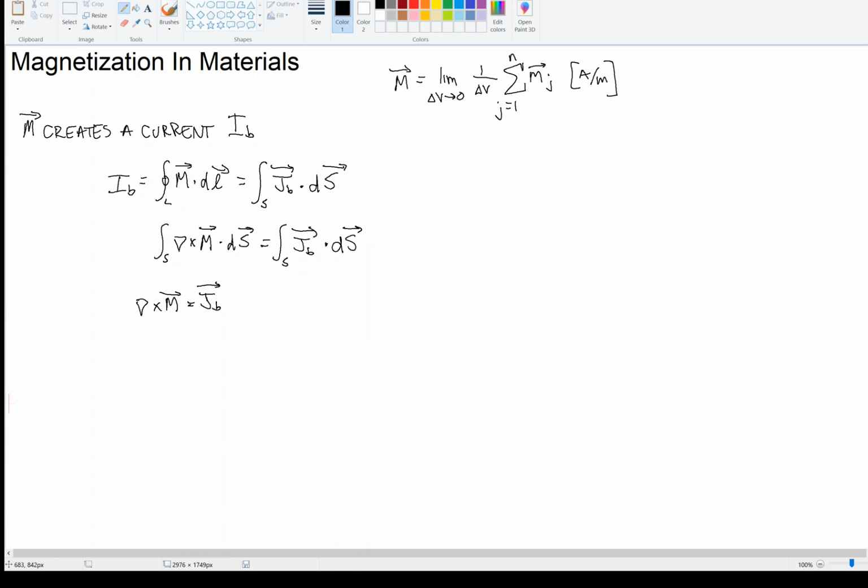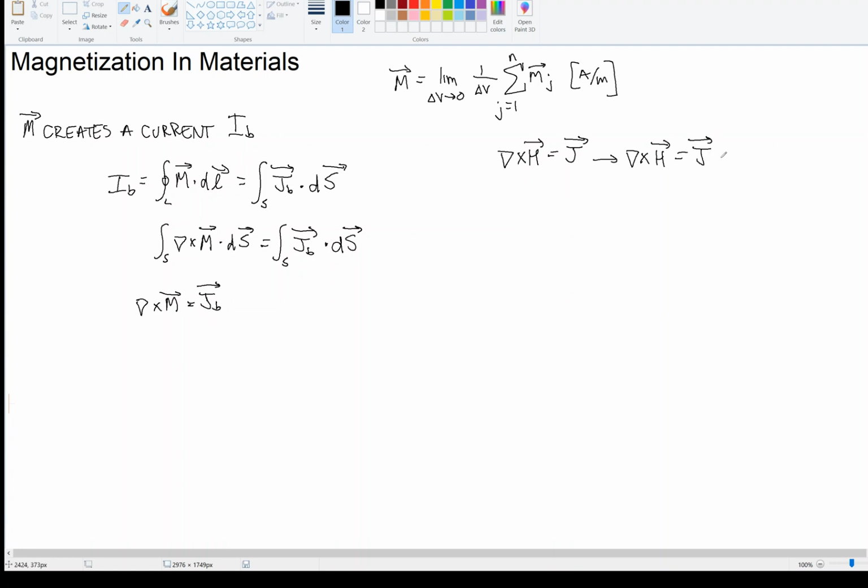Now, as this is a current, we can add this current to the current in Ampere's law. So Ampere's law was this in point form, and so now we can modify it to take into account the magnetization.